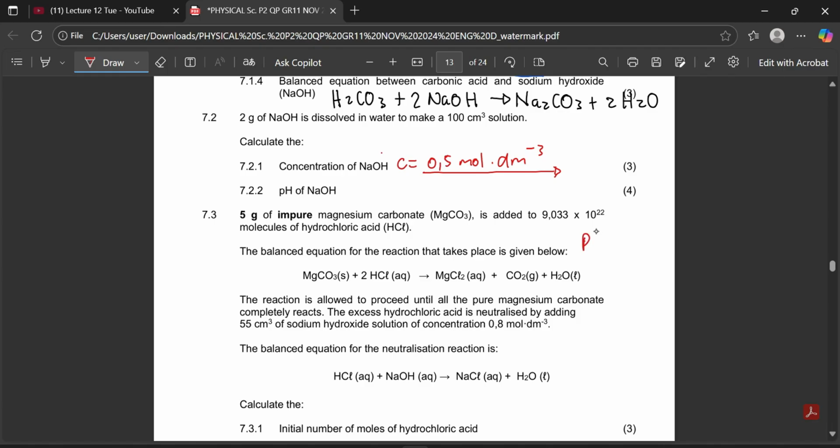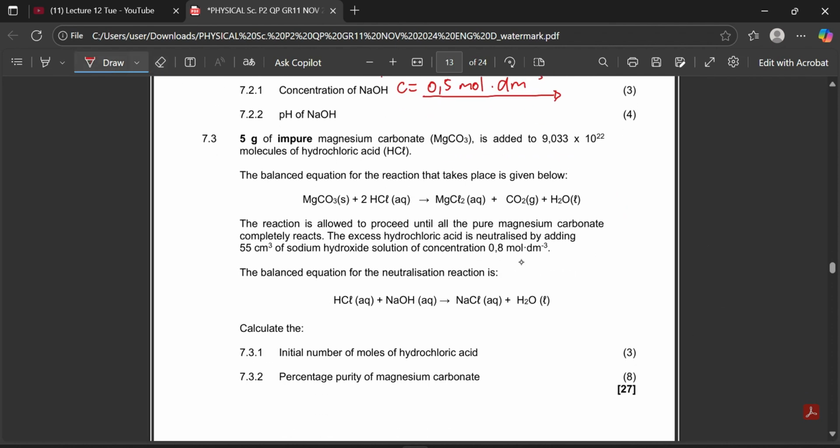So the equation for calculating pH is pH equals the negative log of the concentration of the hydronium ion. You would just need to get the concentration of the hydronium ion, substitute it in there, say you've got 0.5, and then you get your pH.